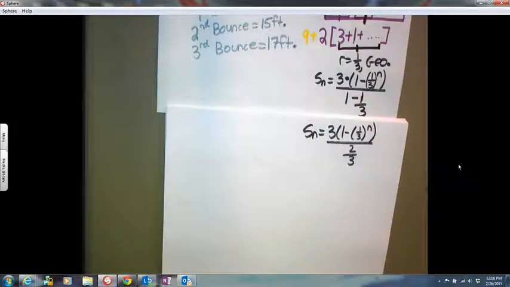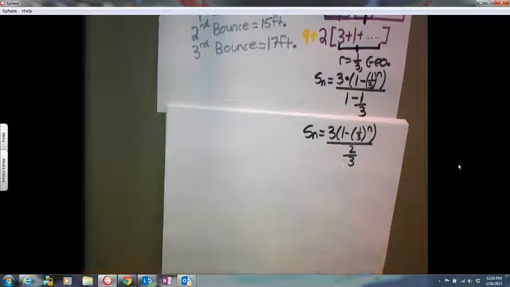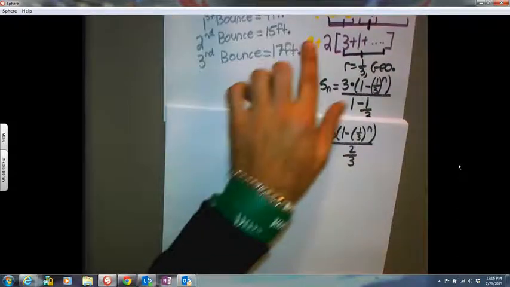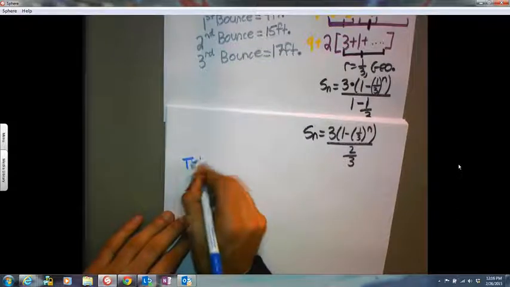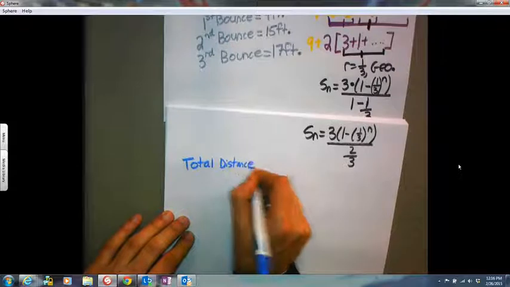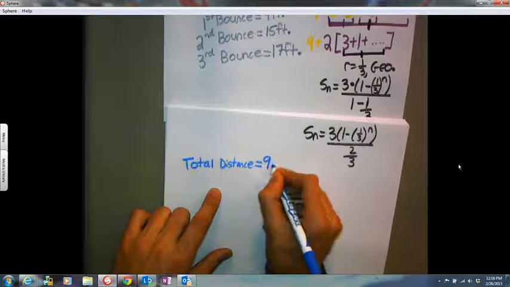And if this is this part, then to find the total distance, remember this was the total, to find the total, we would need first term plus 2 times this.